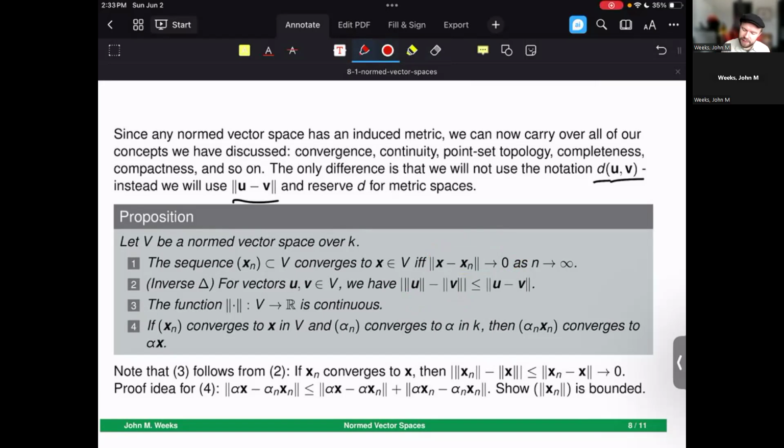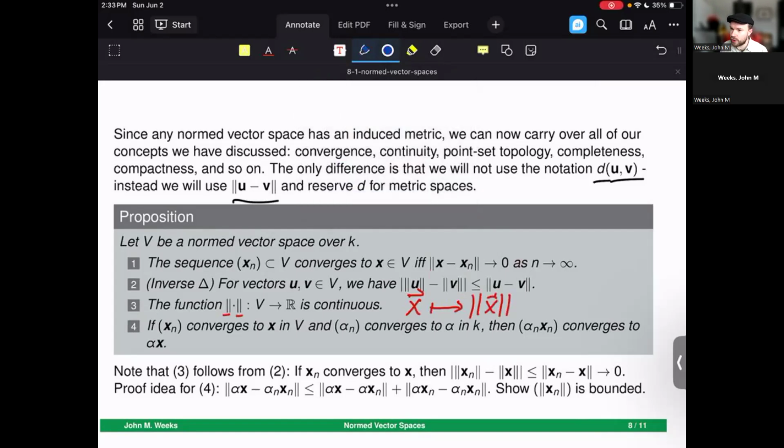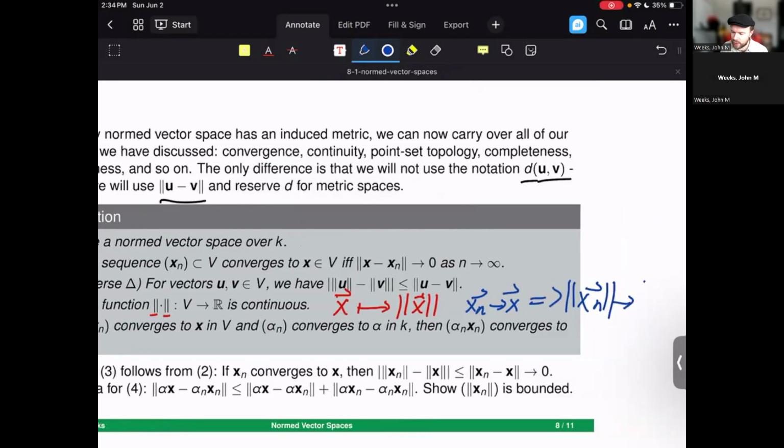Then the function of the double bar, which is the function that sends an element of a vector space X and gives it the norm of that vector, is a continuous function. Basically, we can think about what that would mean. It should mean that if you have a sequence of elements, x of n, that converges to x, then that needs to imply that the norm of x of n converges to the norm of x.